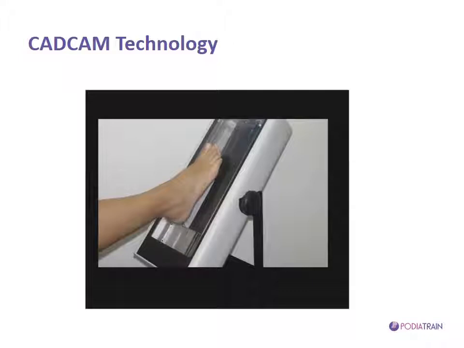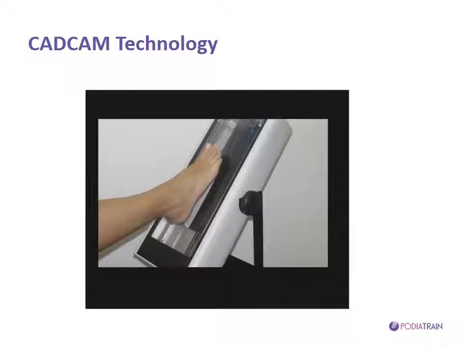So if we are to see an orthotic or an insole which is designed and manufactured using CAD/CAM, the end result should hopefully be the same as if the orthotic has been manufactured using traditional methods. So the function of the device will not be affected.